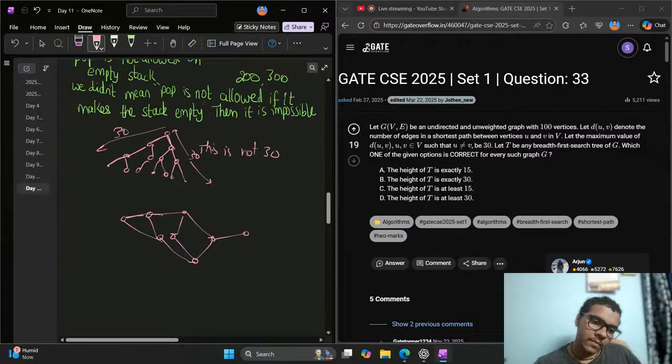The maximum distance is 4. So if you kind of do BFS, okay, by the way, I have already solved this question, so I know what this question is talking about.